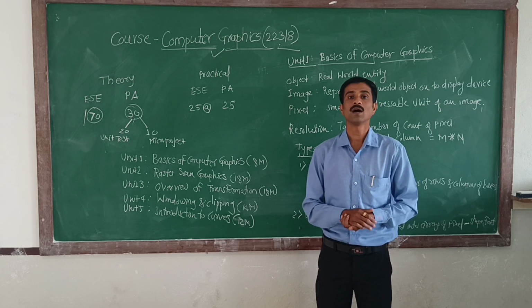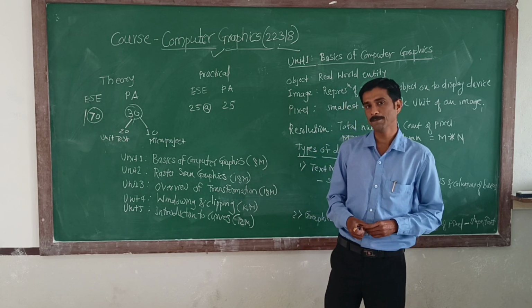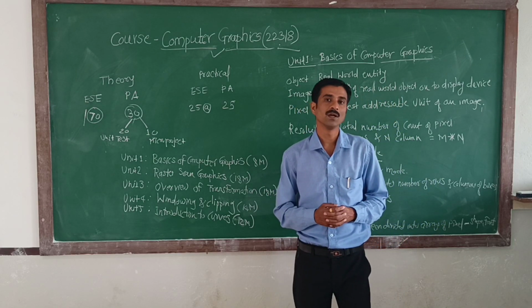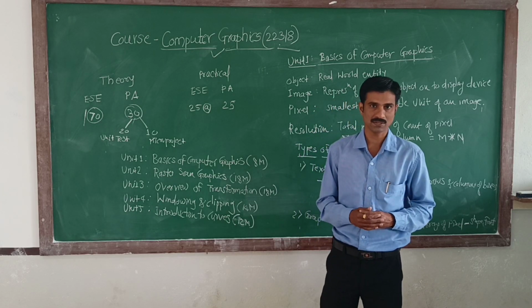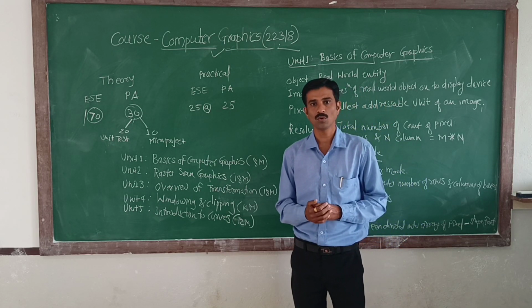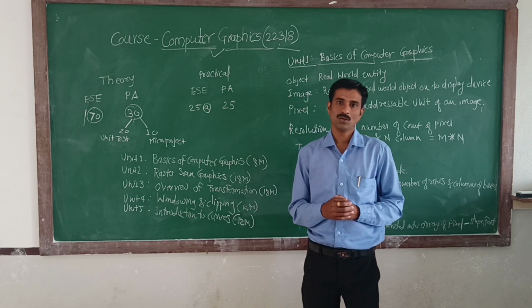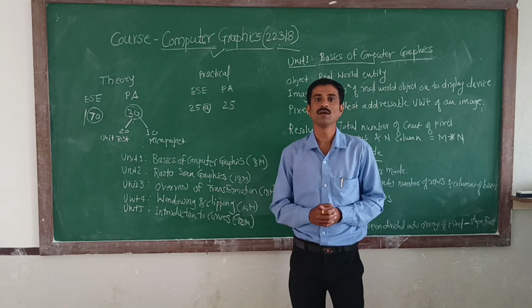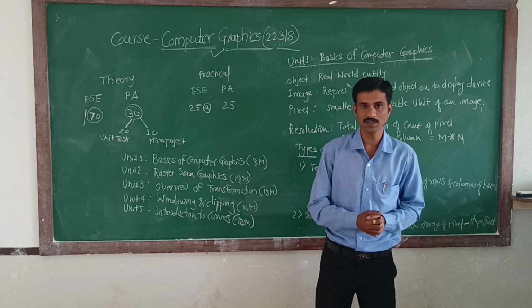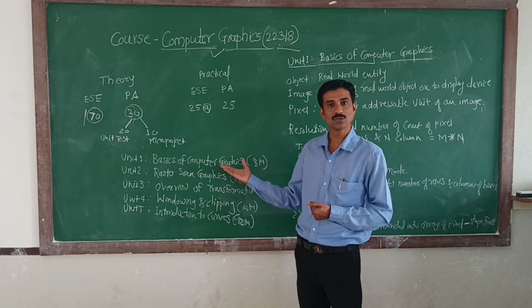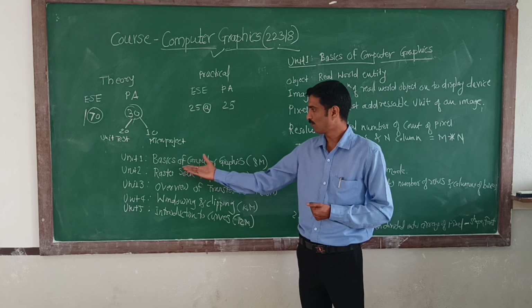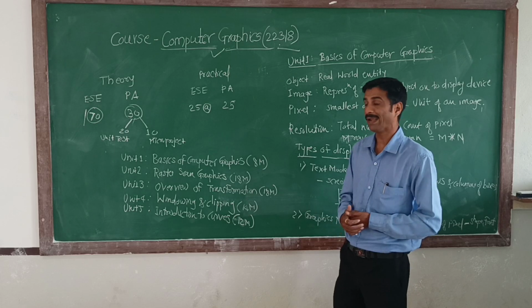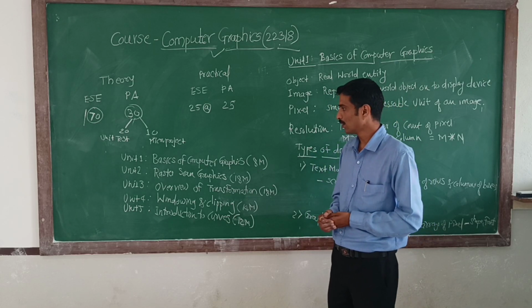Then in the latter part of the first unit, we will see the different display devices which are used in computer graphics, like LED, LCD, CRT, plasma. So there are different display devices present. So we will see them in the latter part of this unit. So this is the first unit, the basics of computer graphics. It will be asked for 8 marks in the examination.